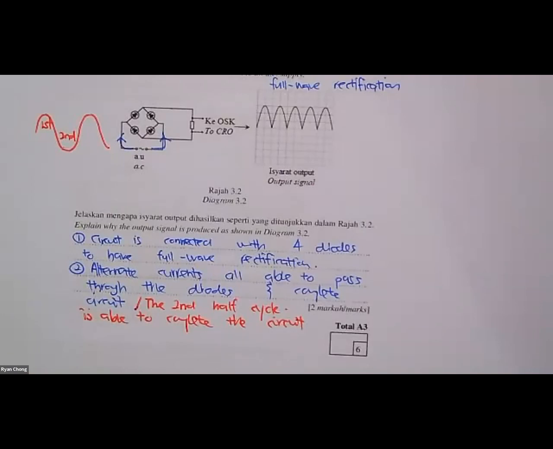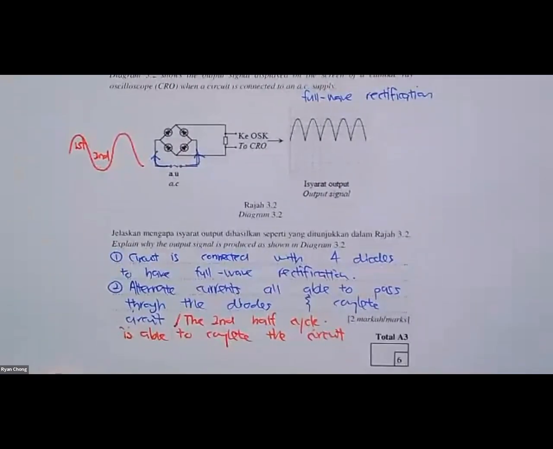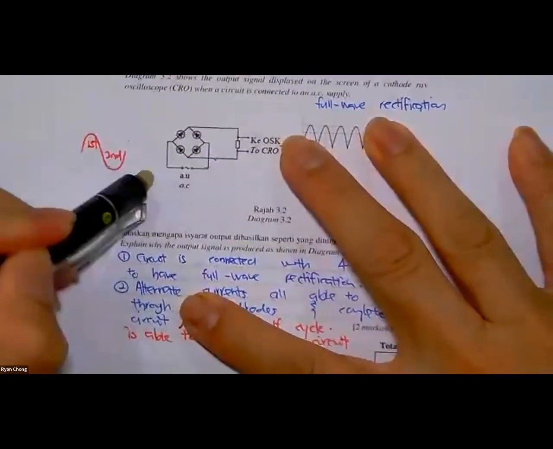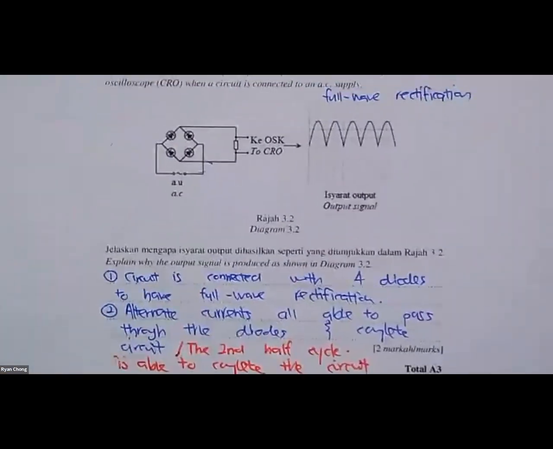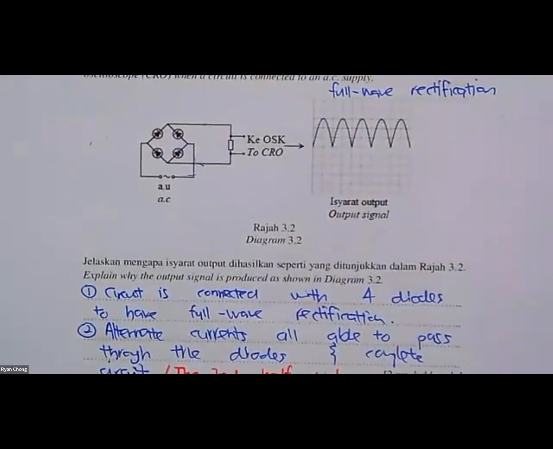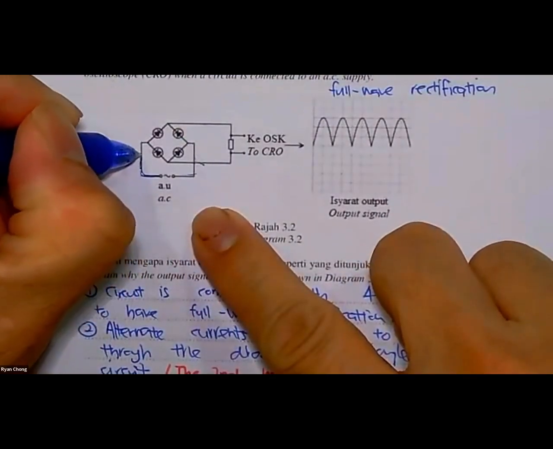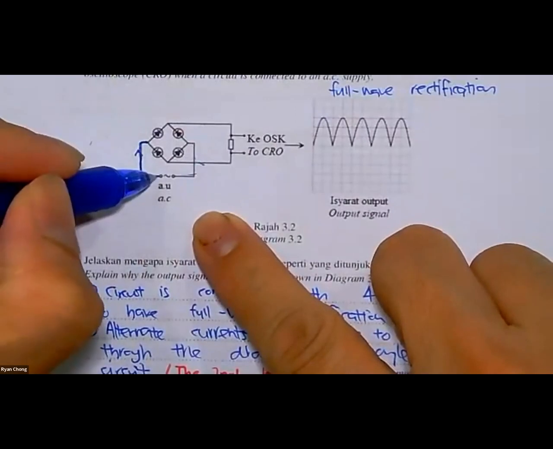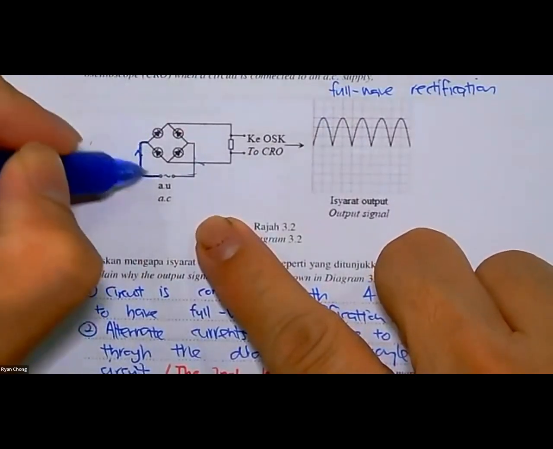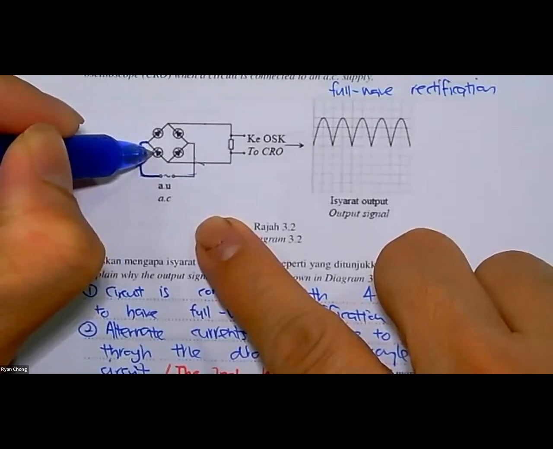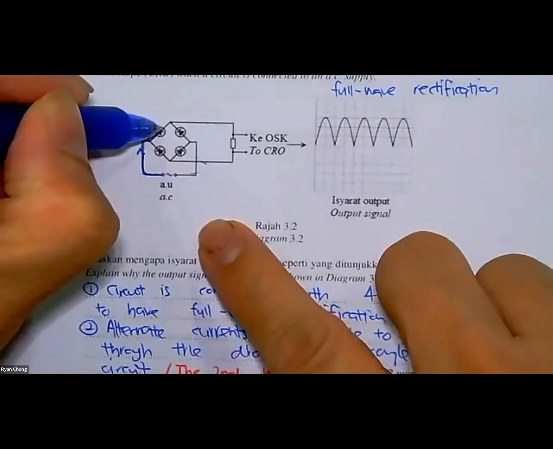Okay, no problem. I show you. Okay, you see. So why the second half cycle also complete the circuit? I show you in the diagram. I use two color, then it will be easier for you. First one. So let's say this is the cycle that flow. So cycle flow in clockwise. Until this part, current will not flow down because here is reverse bias. So you continue go up.